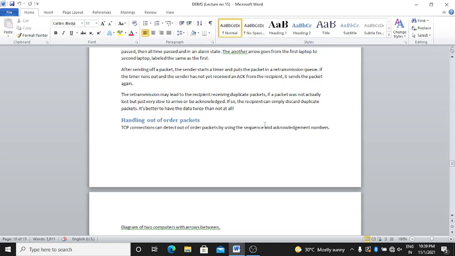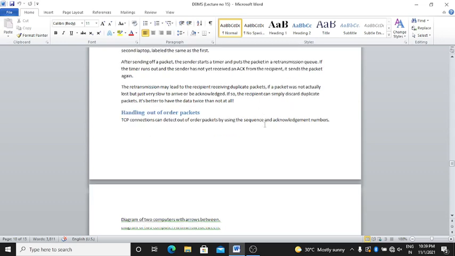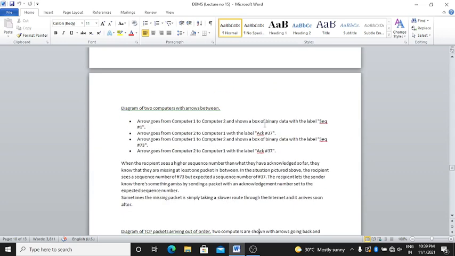Handling out of order packets. The TCP connection can handle out of order packets by using the sequence and acknowledgement numbers. What happened here? An arrow goes from computer 1 to computer 2 and shows a box of binary data with the label sequence 1.